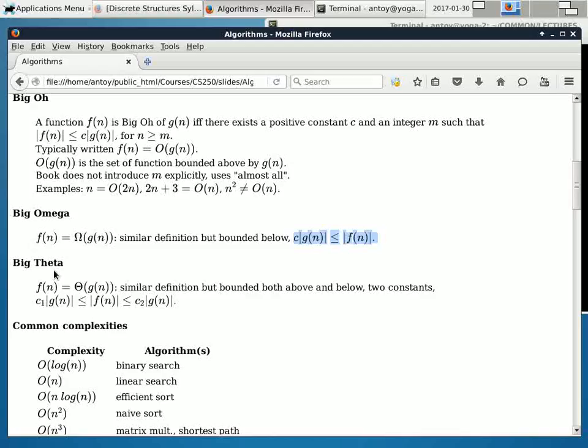And so we talk about the running time, and then we talk about the big O notation, which includes big omega and big theta. And what is this big O notation? Big O of a function g of n represents the set of all the functions that grow no faster than g of n. No faster.